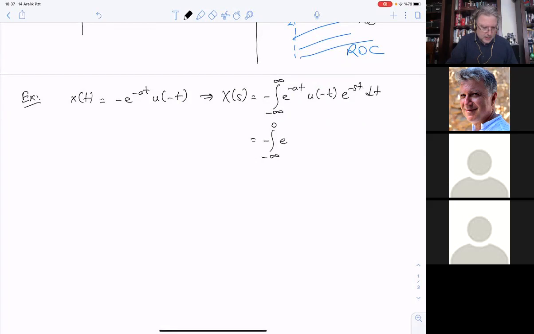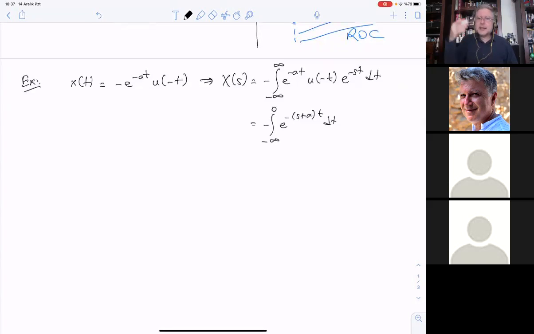So the integral of e to the minus (s plus a) t dt. This is the compact expression. When you evaluate this, including the negative sign and considering that it is from minus infinity to 0, so there is a further change of order in the definite integral evaluation, this answer will be equal to 1 over s plus a. You can do it and find this.